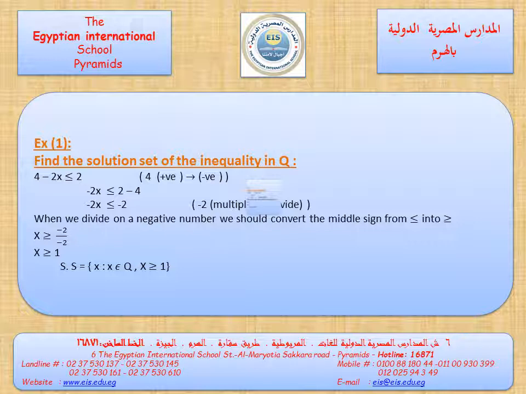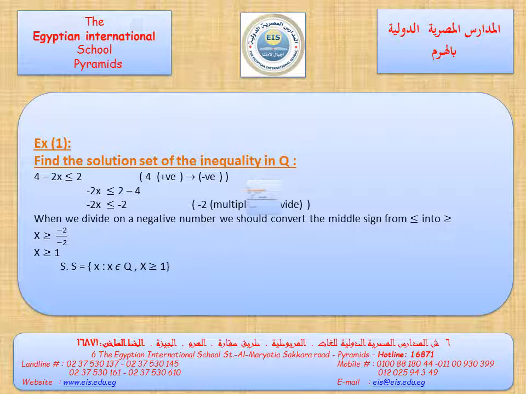What shall we do with the negative 2 beside x? We should move it to the opposite side with a divided sign. Why? Because negative 2 here is multiplied by x. So it will be moved to the opposite side with a divided sign. So x will be bigger than negative 2 over negative 2.